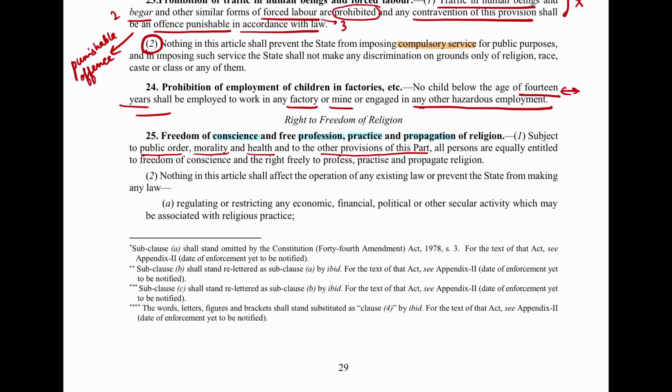This part means Part 3, which covers fundamental rights. So there are basically 4 provisions that are kind of reasonable restrictions in the name of religion that are given to you. So subject to these conditions of public order, morality, health and other provisions of fundamental rights, all persons.